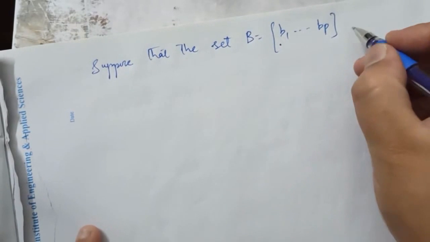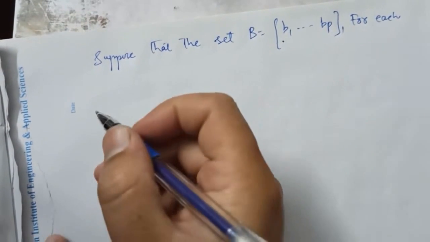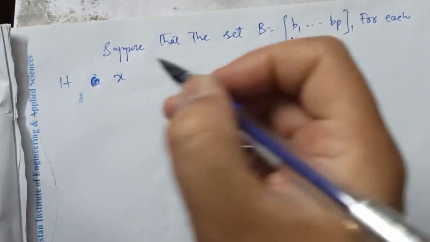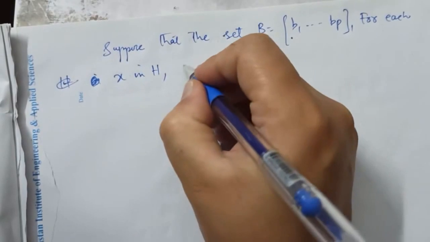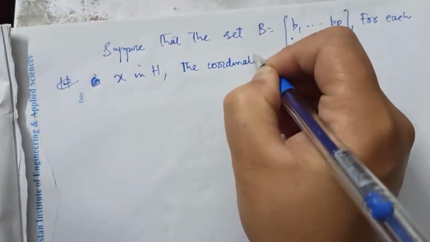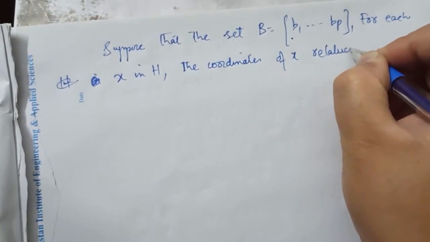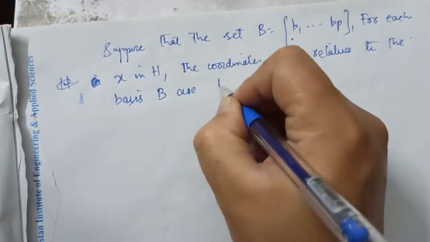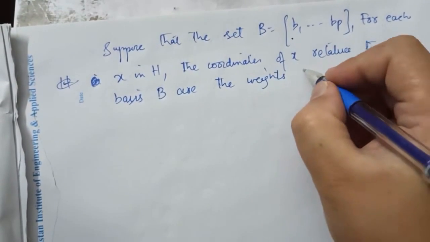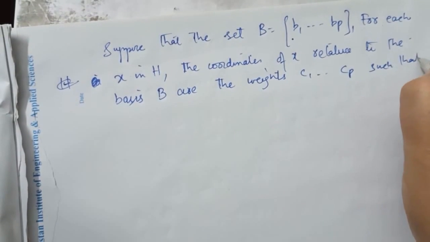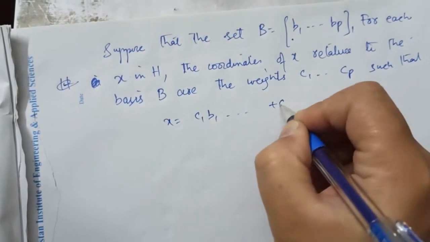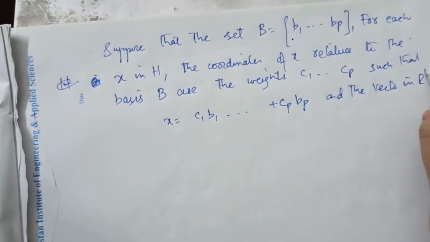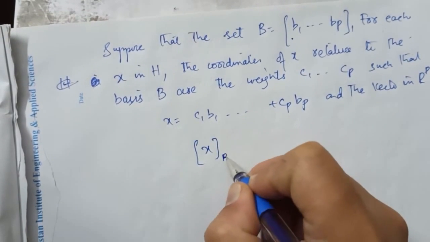Then for each X in H, the coordinates of X relative to the basis B are the weights C1 to Cp such that X is equal to C1B1 plus up to CpBp, and the vector is in Rp, right? So we define the coordinate system for that basis as something like this, right?